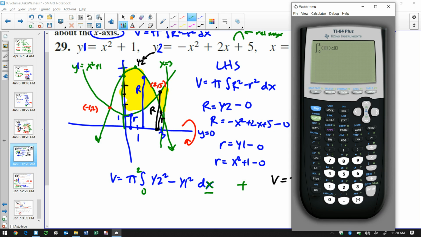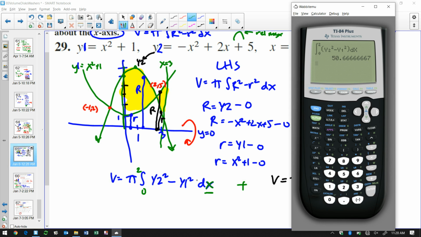That's already stowed in my calculator, so I can just call out the y vars, function, and pull out the y2 function, and I'll square that. And then I subtract the y1 squared function. Again, that's vars, y vars, function, and then pull out the y1 function, and square that. Make sure that you have a dx here, and then hit enter.